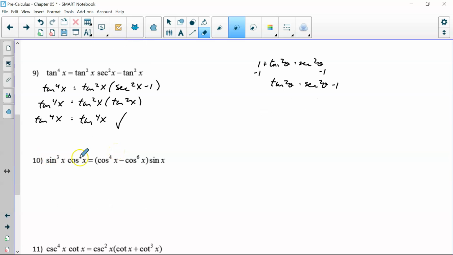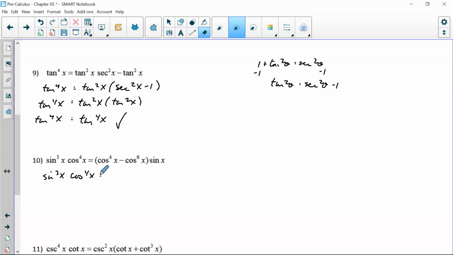Once again, left-hand side, I don't really see a whole lot I can do there, but on the right-hand side, there's maybe some things I can do. So for this, sine cubed x cosine to the fourth of x equals.